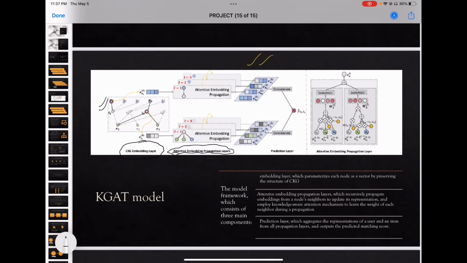The last one is a prediction layer, which aggregates the representation of a user and an item from all the propagation layers and outputs the predicted matching score in the form of this vector shown here.